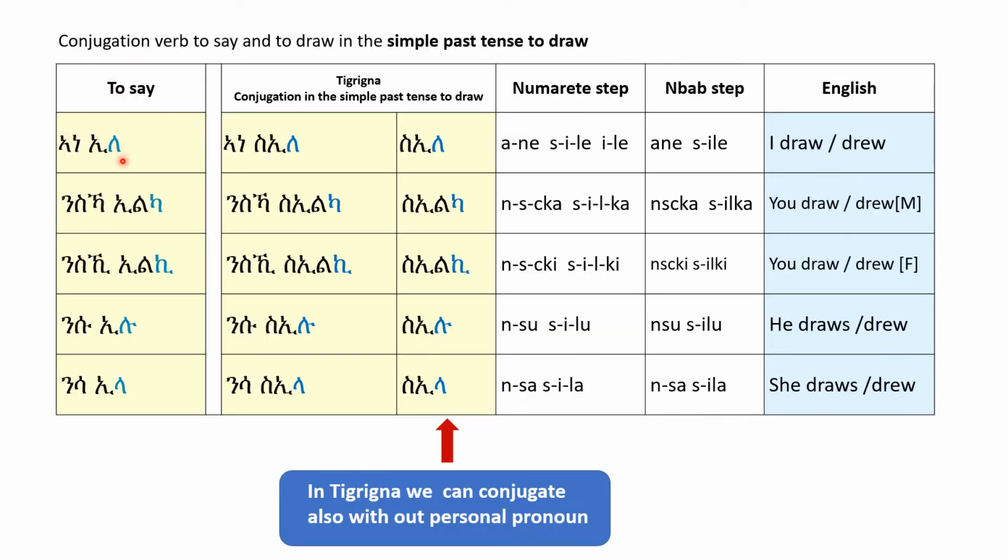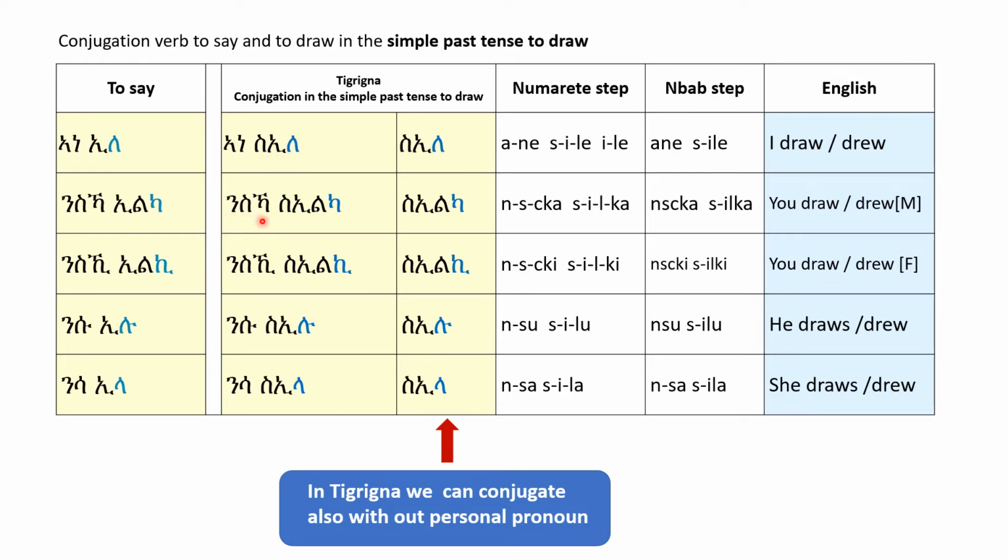Okay, here's again the verb to say. Ane, ile, nisra, ilka, nisri, ilki, nisu, ilu, nisa, ila. The verb to draw.